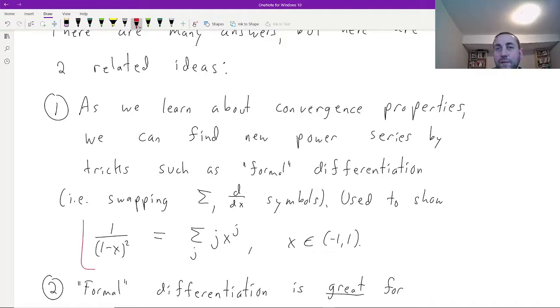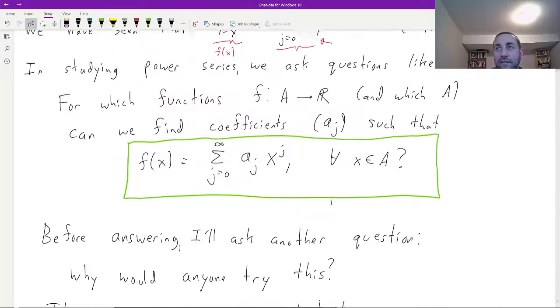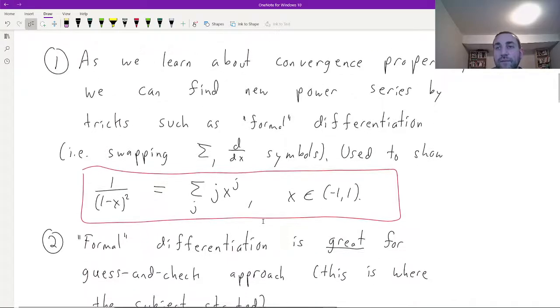And we found this formula by taking our earlier formula up here, hitting both sides with a derivative, and then justifying this idea of switching the derivative and the sum symbol. That's not 100% obvious that you can do that. We proved you could do it for that particular case, and one thing that we're going to do by developing a general theory of power series is come up with more ways to do that sort of trick, and thus come up with more and more power series.